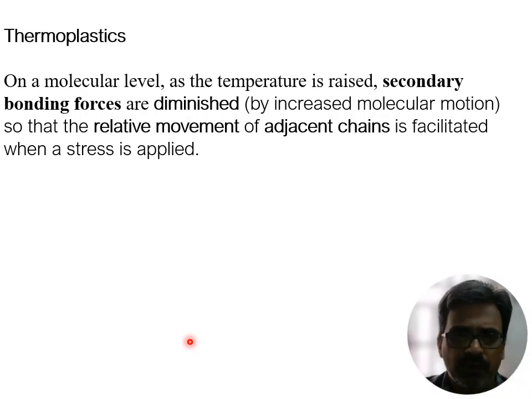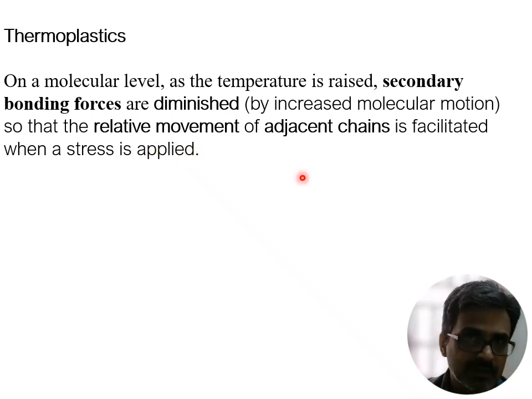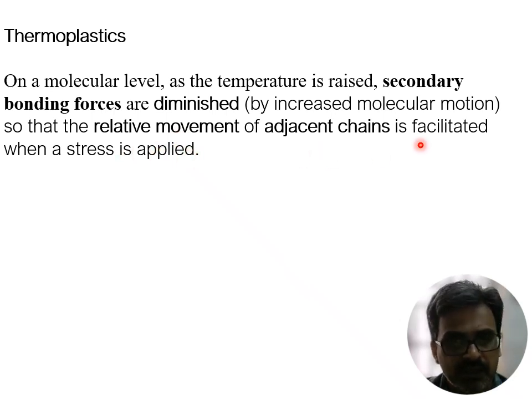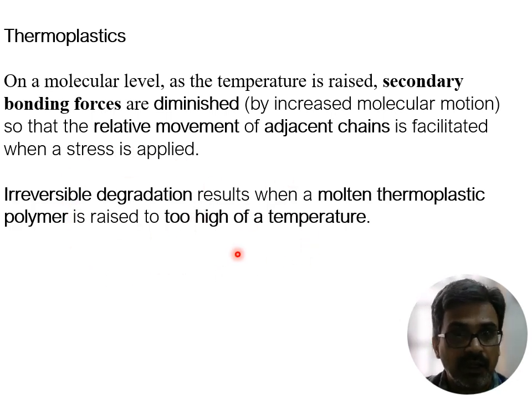If you look at thermoplastics at the molecular level, when temperature is raised, secondary bonding forces weaken, and the sliding movement of adjacent chains helps accommodate the stress being applied. And we have a lot of irreversible degradation when the molten thermoplastic polymer is subjected to high temperatures.